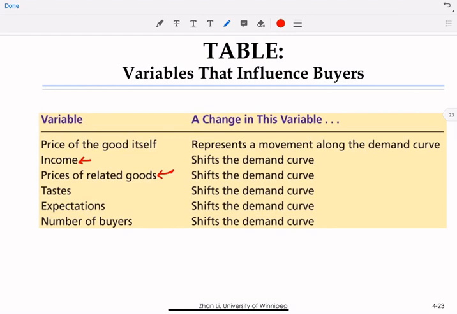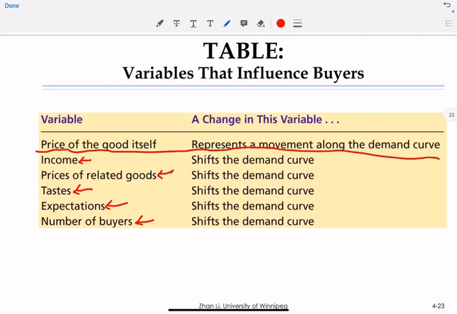So in this case, you have to be careful whether these goods are substitutes or complements. And then there's also the factor of tastes, right? So if your taste changes, then your demand should change. Then there's also the factor of expectation and number of buyers. Importantly, you have to understand the first row, right?